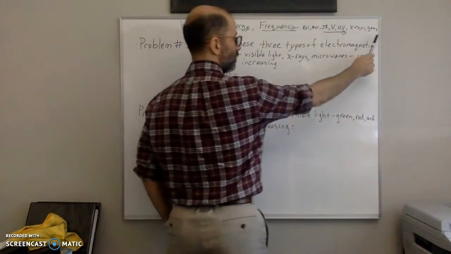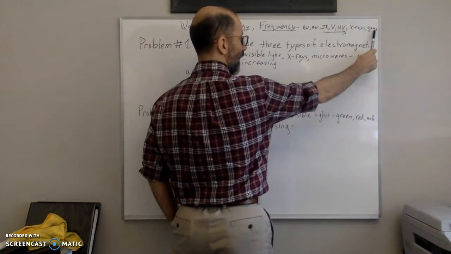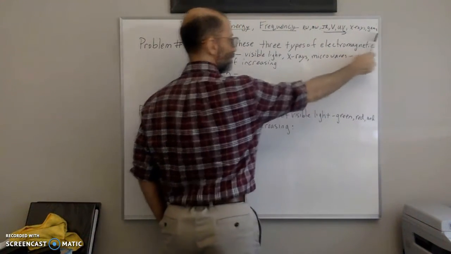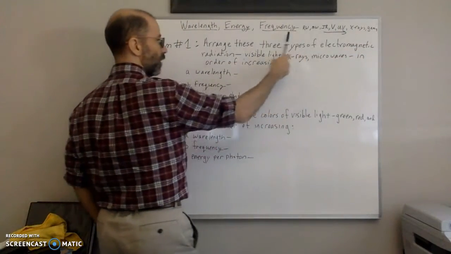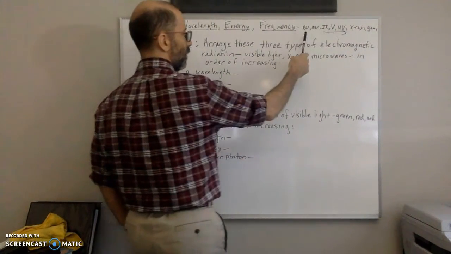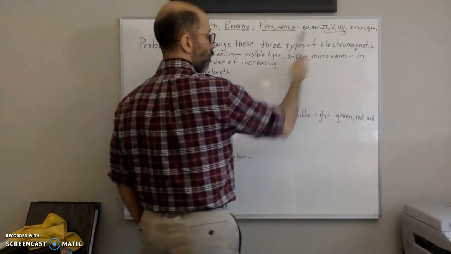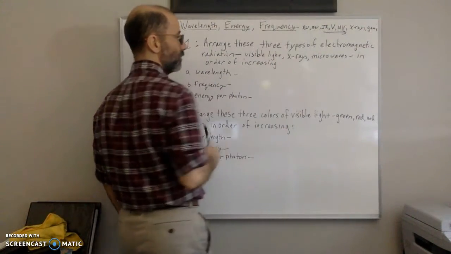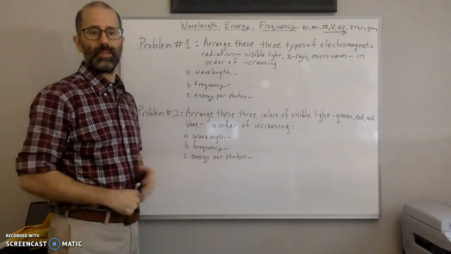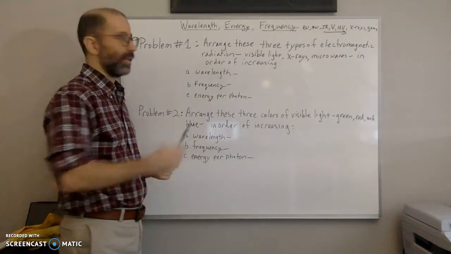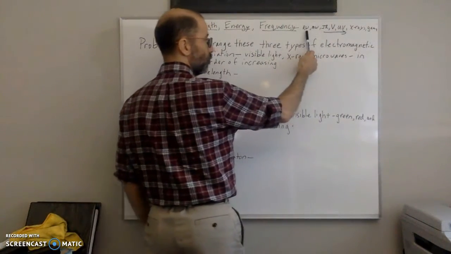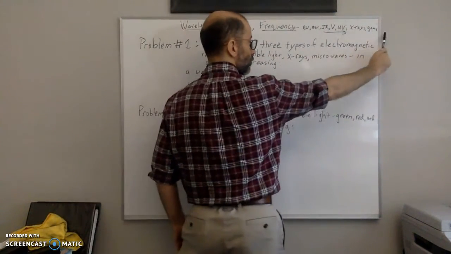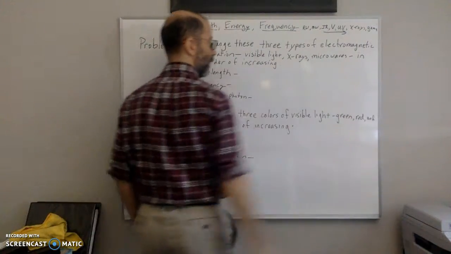So this is the highest energy one, X-rays are less, and so it's decreasing energy this way. Or I could remember that radio waves are the longest wavelengths, right? Then I know that wavelength must be decreasing this way.